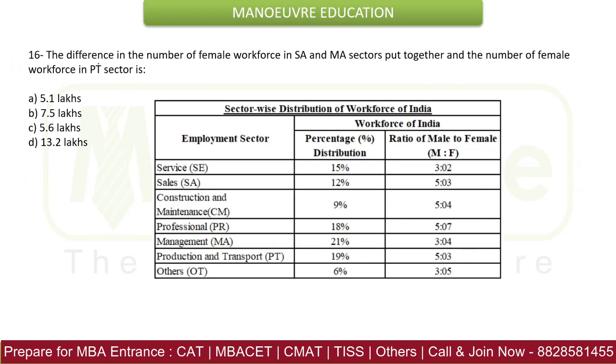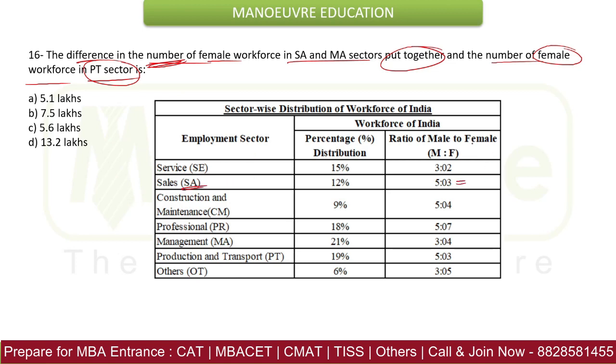The next one: the difference in the number of female workers in SA and MA sectors put together and the number of female workforce in PT sector is. Okay, they are asking here about the numbers. So let's find the percentage of females in the sales SA sector.